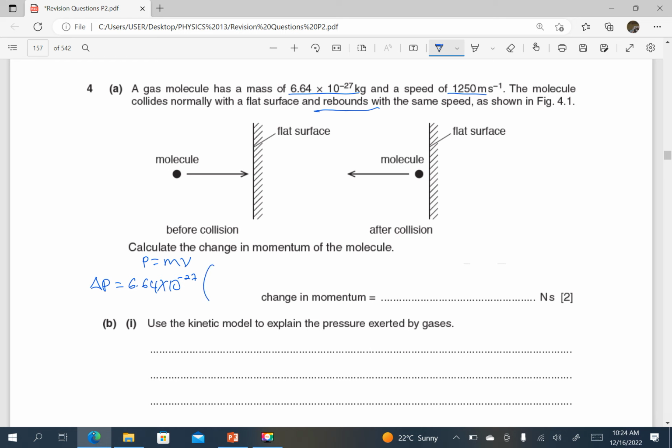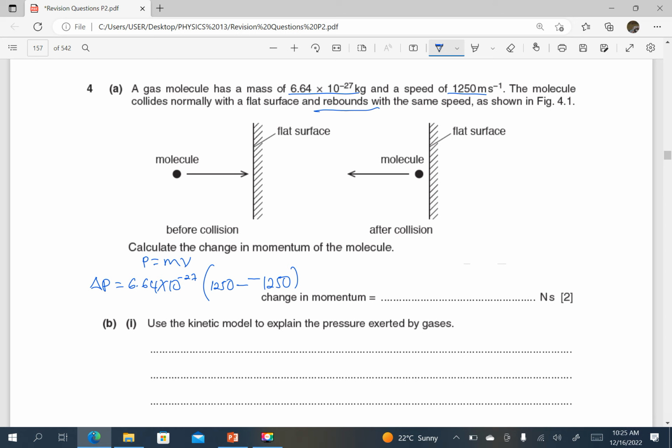But the velocity: it rebounds with the same speed, so the change in velocity is going to be 1,250 in the initial direction minus the opposite direction, minus negative 1,250. So this becomes plus.